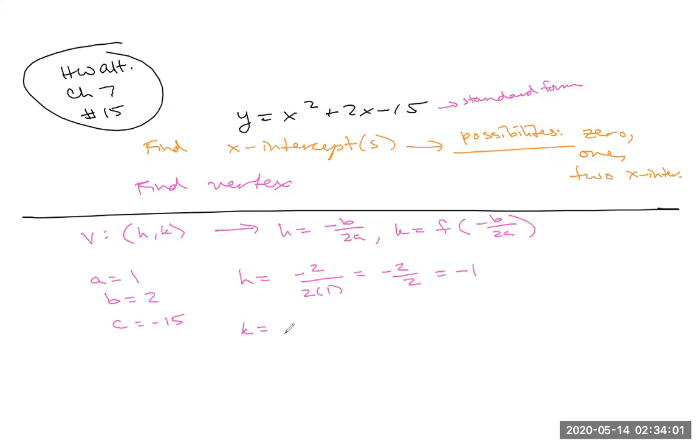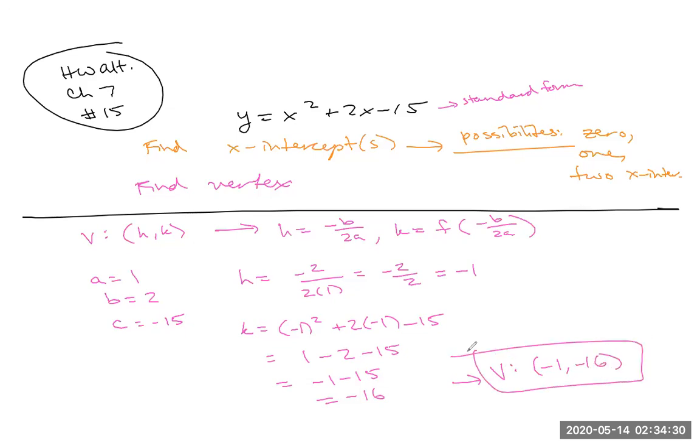So k is equal to (-1) squared plus 2 times -1 minus 15. That should be equal to 1 minus 2 minus 15, which is negative 1 minus 15, negative 16. So our vertex is located at (-1, -16). Definitely much easier than completing the square for this problem.